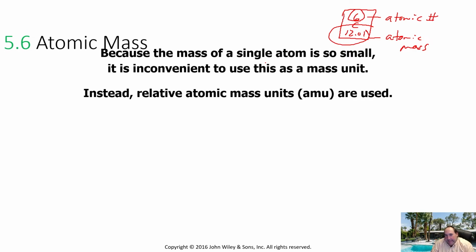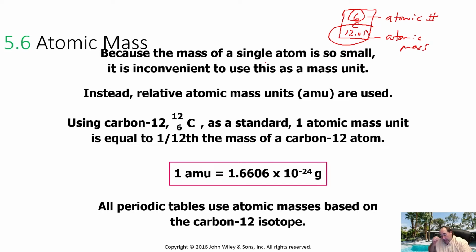Because an atom is very, very small, it's really hard to pick up a single atom and throw it on a scale or a balance. It's probably not going to happen. So a lot of times in chemistry or in science in general, when it's very hard to directly measure something, they'll pick something to use as a standard to compare everything else to.